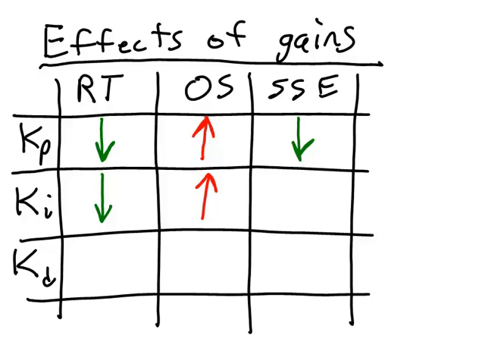Now, KI does not only decrease the steady state error, it actually gets rid of steady state error altogether. I'm just going to put the word eliminate in this box to show that KI does not only reduce the steady state error, it can make the steady state error go away altogether.